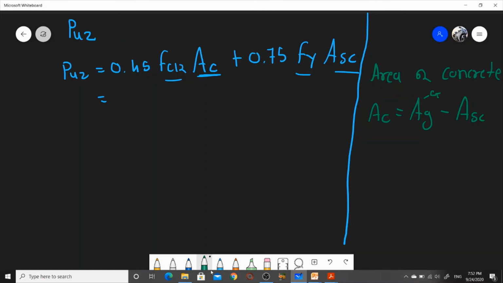AG means gross area of column. So gross area of column is 400 by 400 minus ASC, 5890.